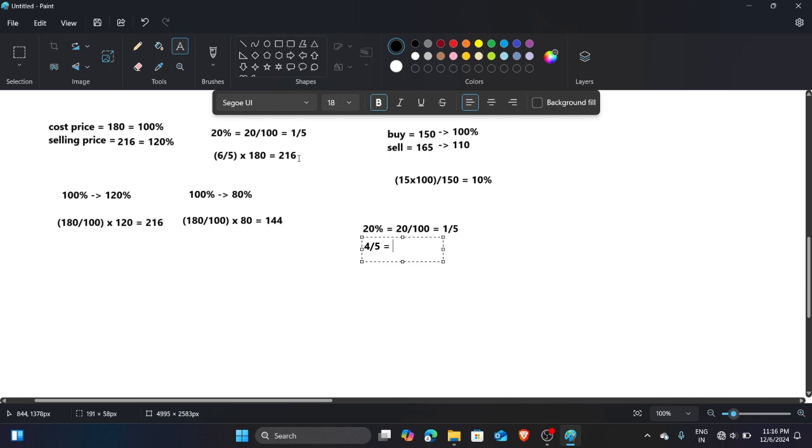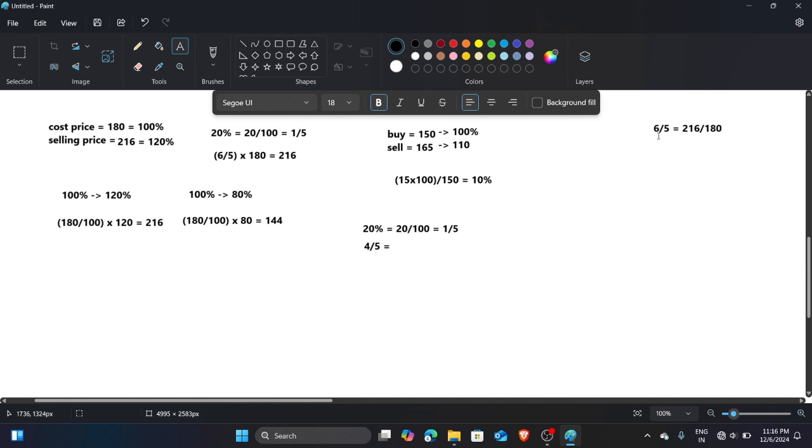You can see that 216 and 180, when you divide them, 6 by 5 is nothing but the ratio. You can solve it and you get the same answer.